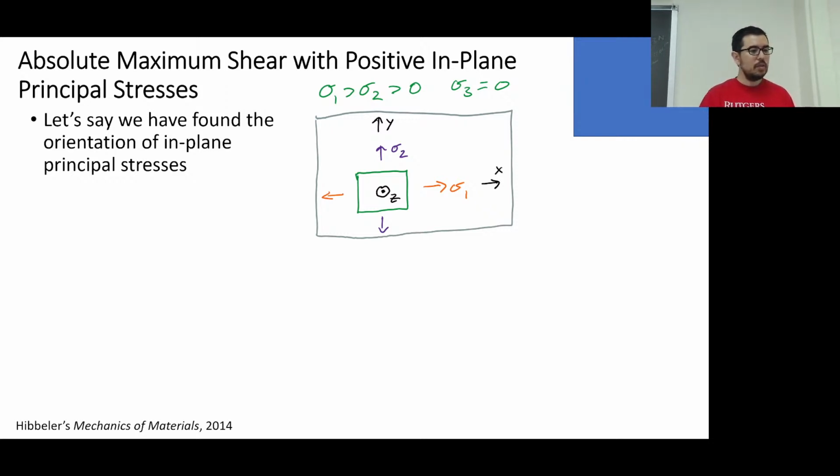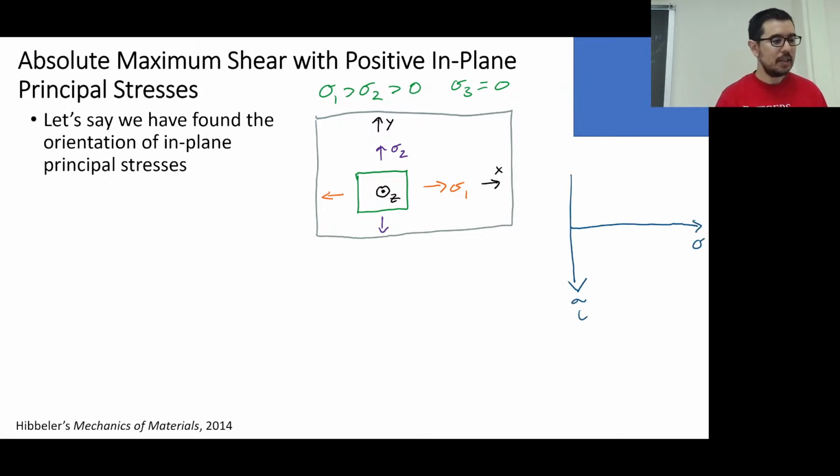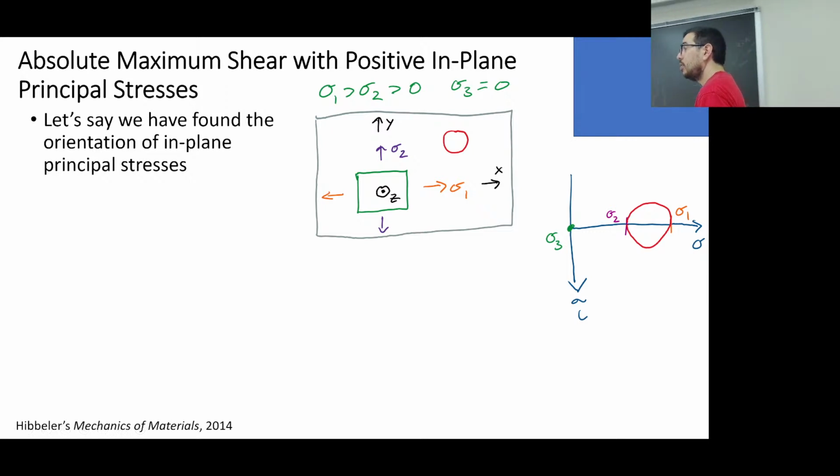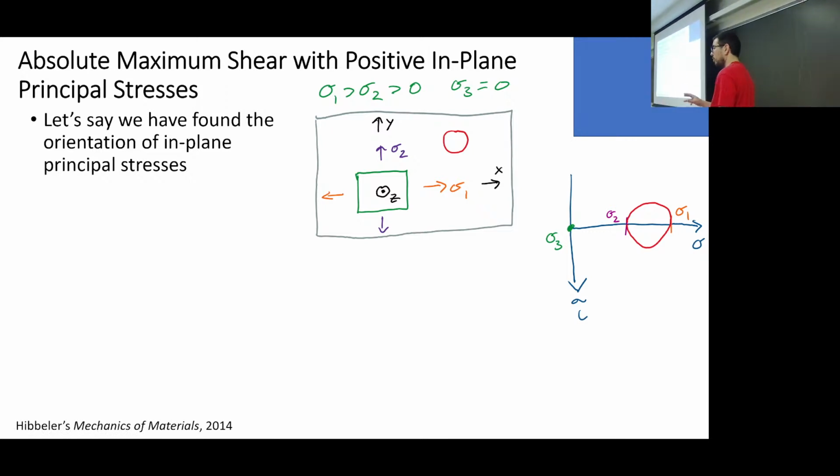Now, what happens with a Mohr circle for this diagram? Well, you've got a sigma 1 and a sigma 2. And this is the red circle. We agree on that? We've been doing this now for a day.